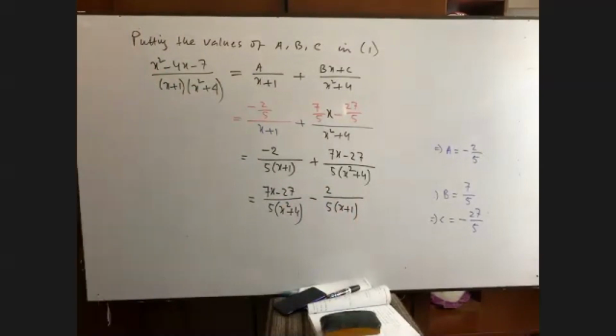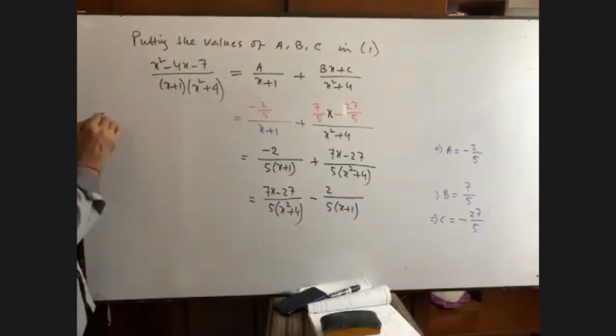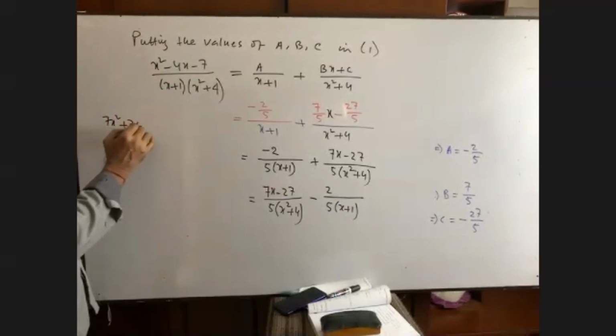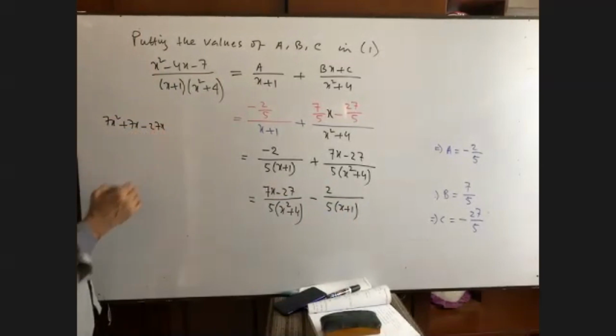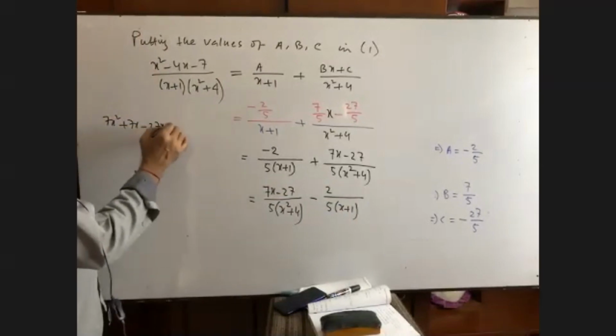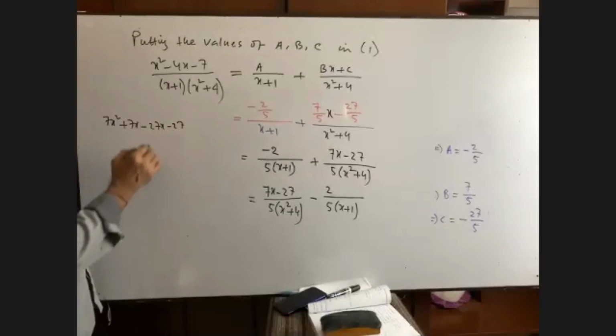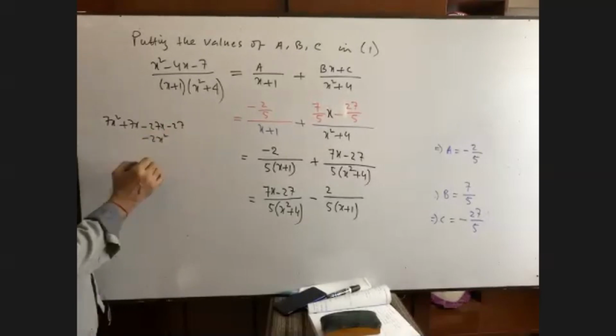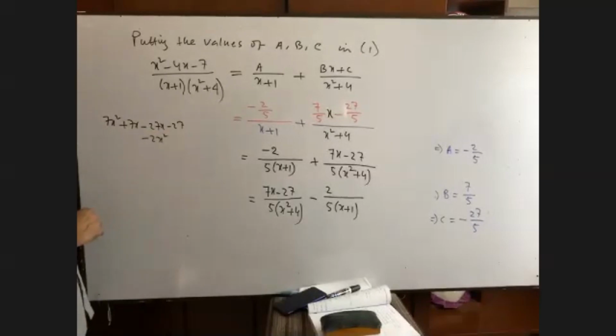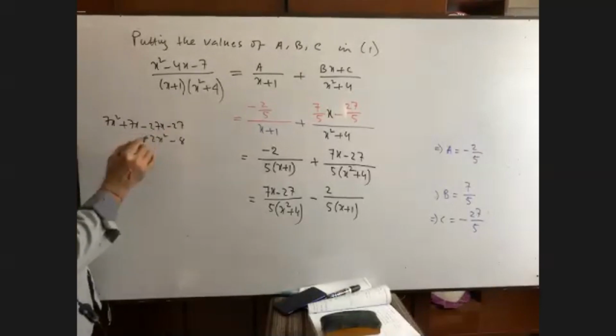Now we verify. If we go for verifying, it will be 7x² + 7x - 27x - 27, and it is minus 2x². Perhaps we are wrong. Anyway, it is minus 2x².